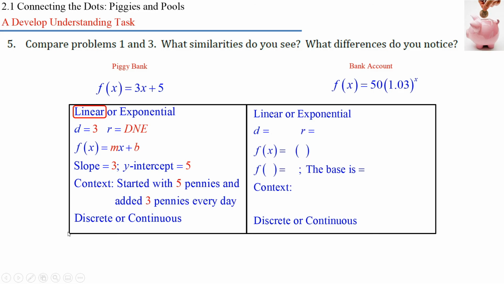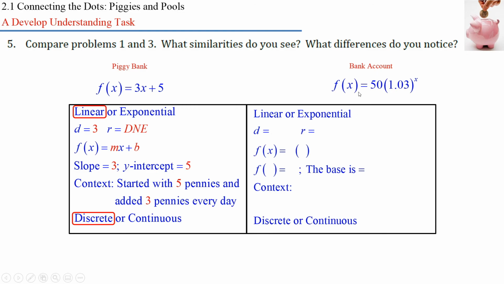And now, was this discrete or continuous? Now, we're talking about the number of pennies in the piggy bank every day. And we can't have a fractional number of pennies, like 4.65 pennies. We're going to have like 5 pennies and then 8 pennies and then 11 pennies. That's discrete.